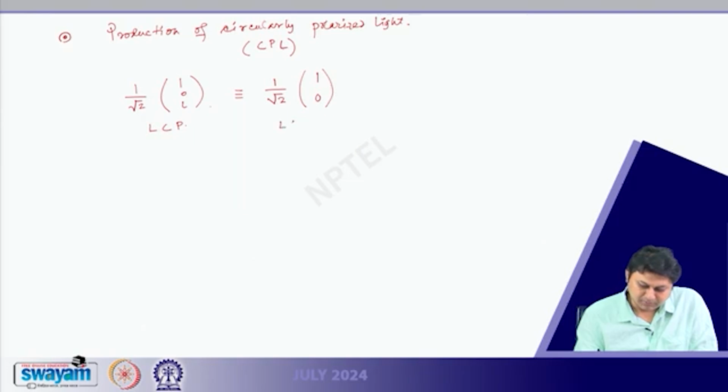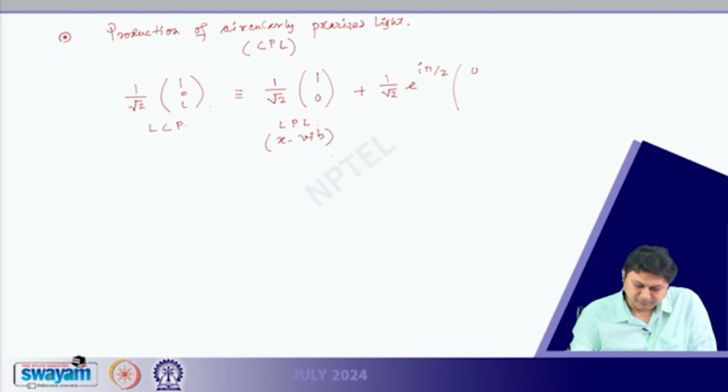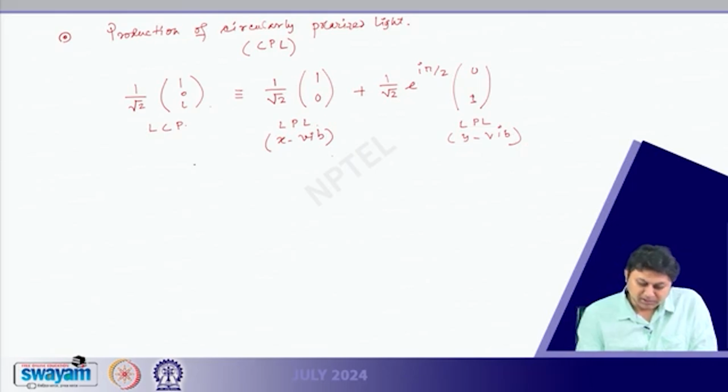So, this is a linearly polarized light with X vibration plus, if I introduce a phase here, which we can do by introducing a half-wave plate, then I can have this, and this is again a linearly polarized light, but with Y vibration, and by combining these two, one can generate this left circularly polarized light.